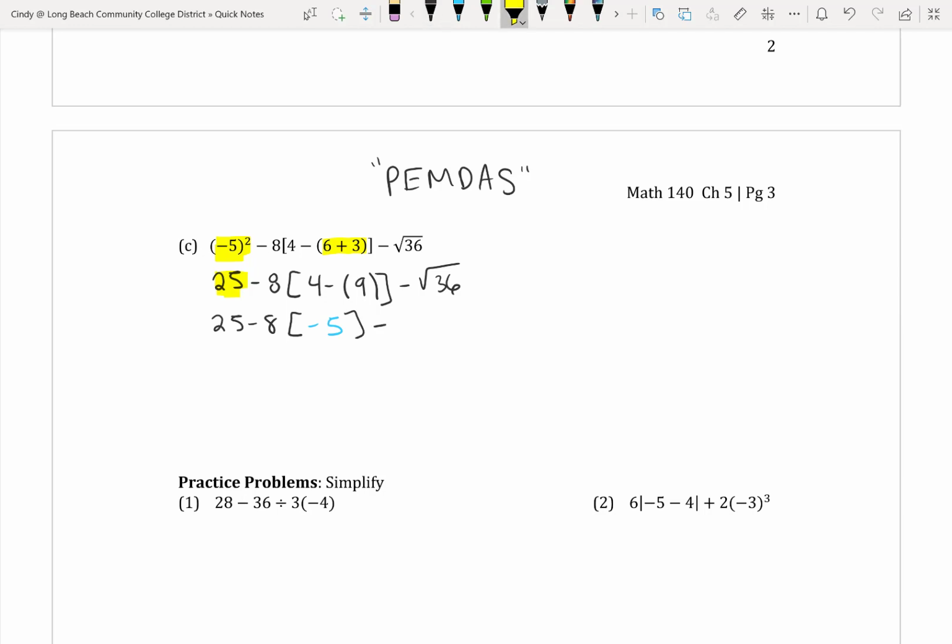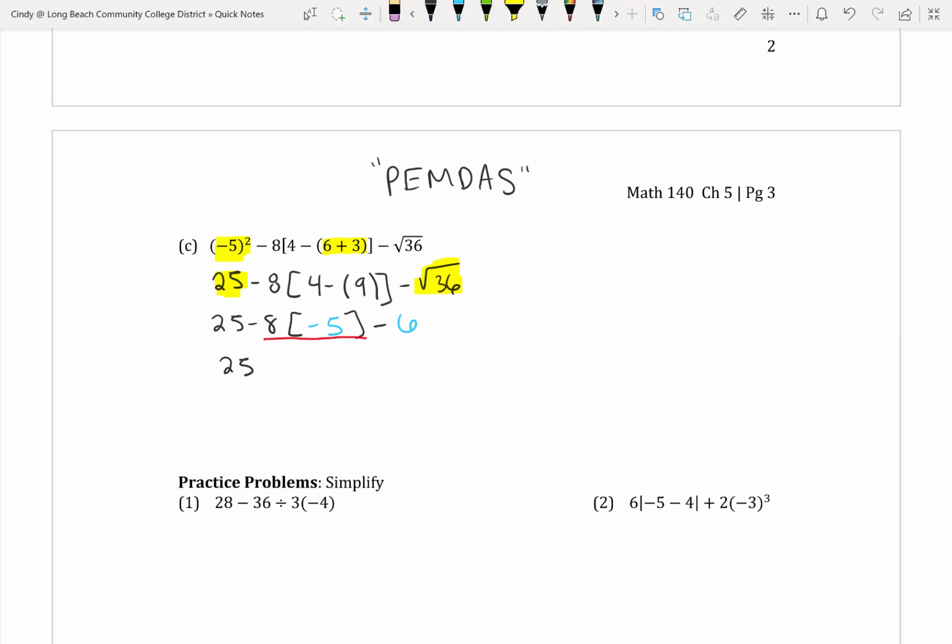And I can also think about this square root of negative 36 as being a 6. That's the principal square root. So now I'm left with 25. And I have to be careful here because what I'm doing is I'm actually going to be multiplying those two numbers together.